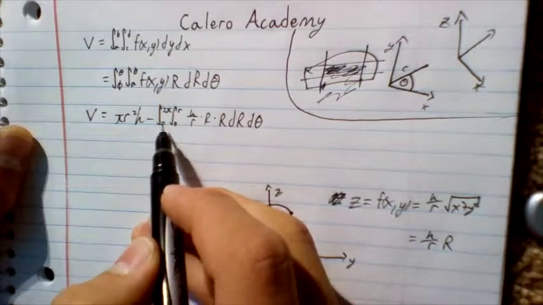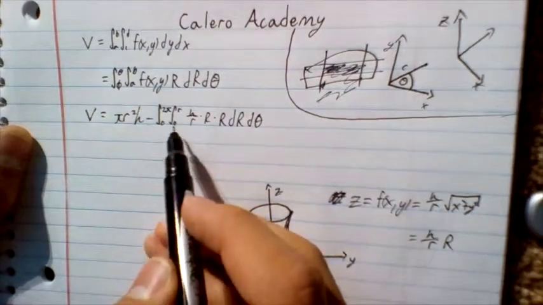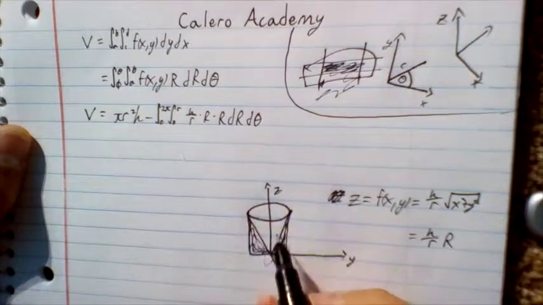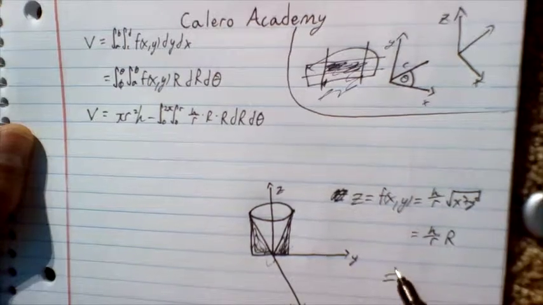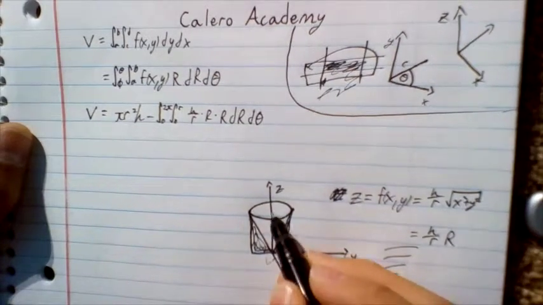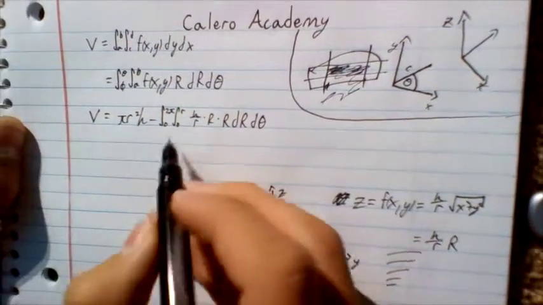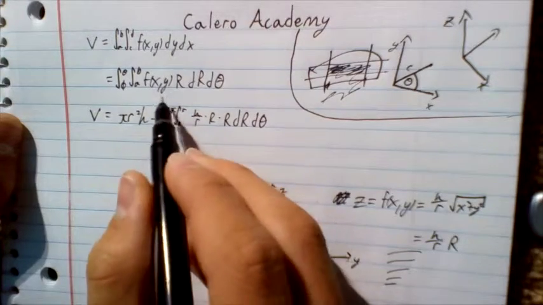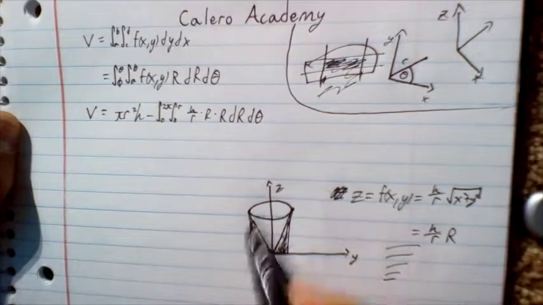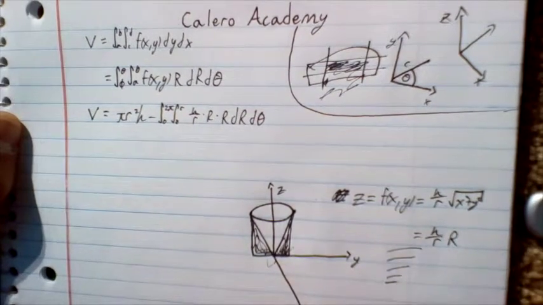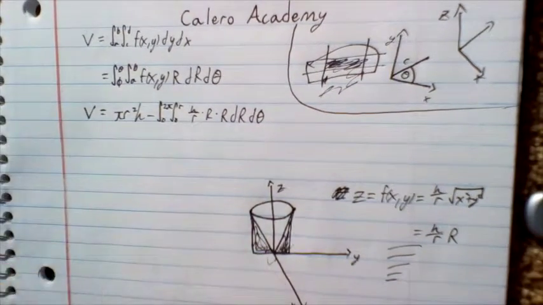The reason we're integrating from 0 to r is that you can imagine we're just adding up a lot of growing lines up to a certain point. The reason we're integrating from 0 to 2 pi is that we want to revolve these lines to get a lot of circles.